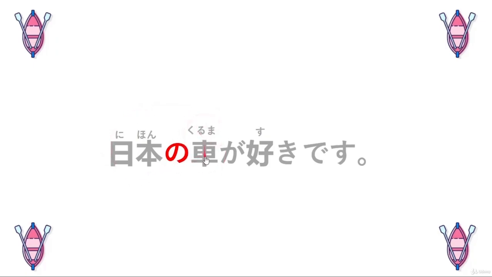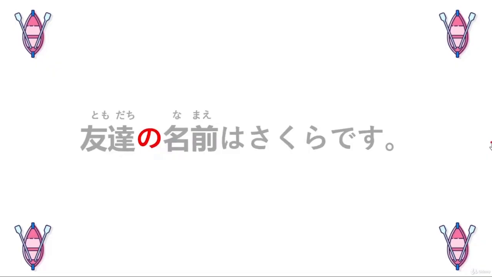So, car of Japan. So, Japanese cars. 好きです I like. So, I like Japanese cars. 友達の名前はさくらです。友達 friend, 名前 name. So friend's name is Sakura.